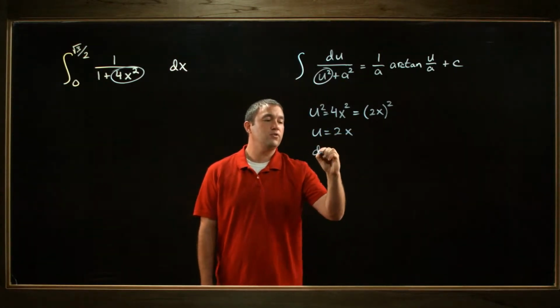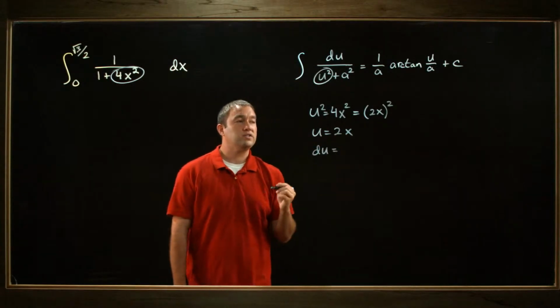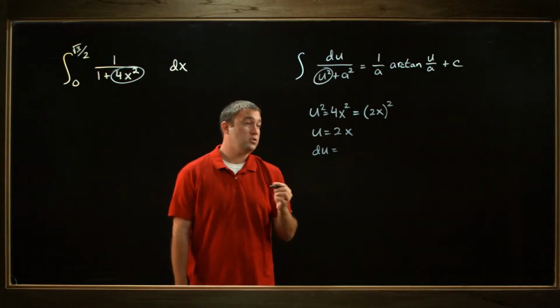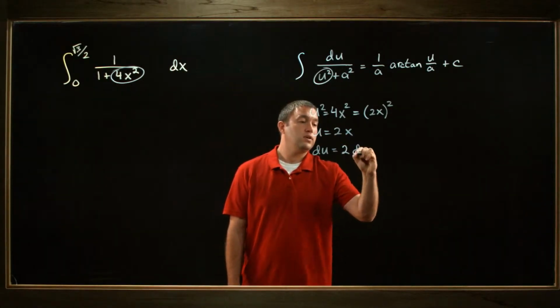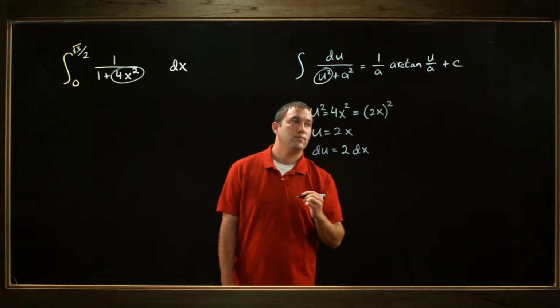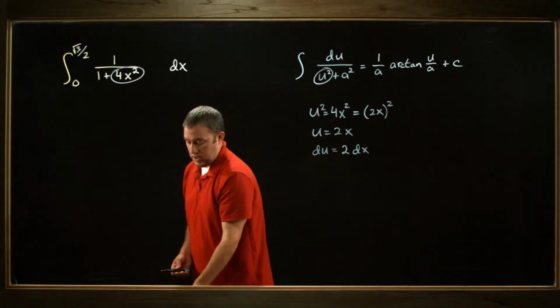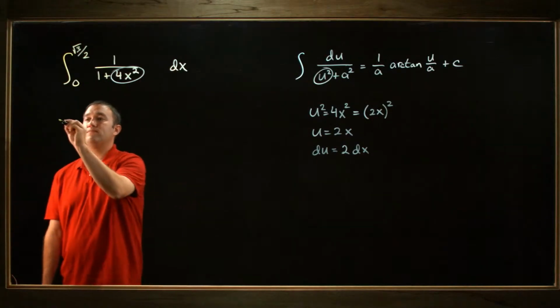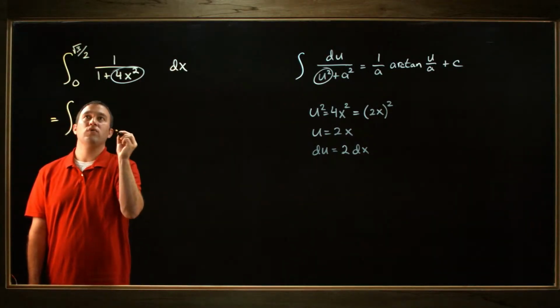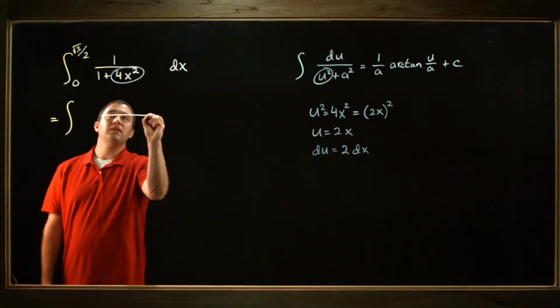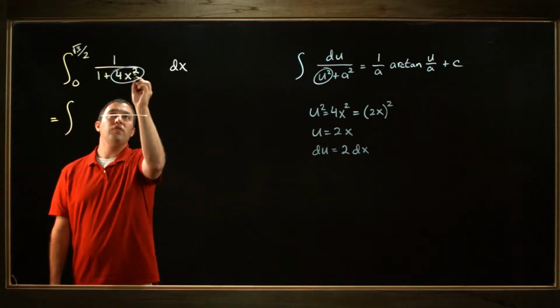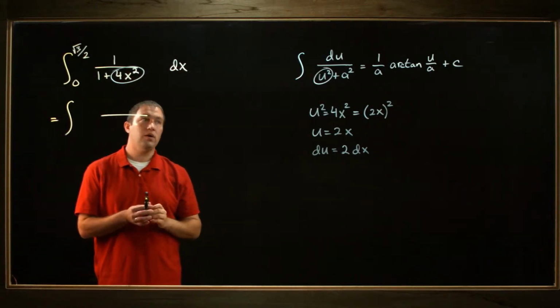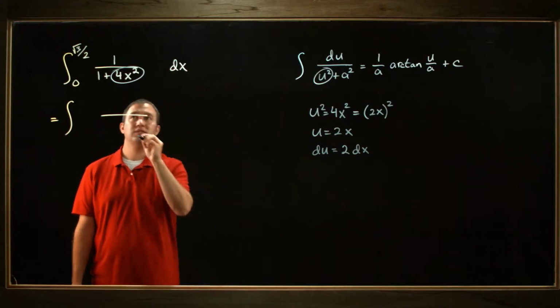And I'll need to find du. The derivative of 2x with respect to x is just 2, so du is 2 dx. Okay, so if I wanted to, I could rewrite this integral as the integral of, let's see, this 4x squared could be turned into a plus u squared.